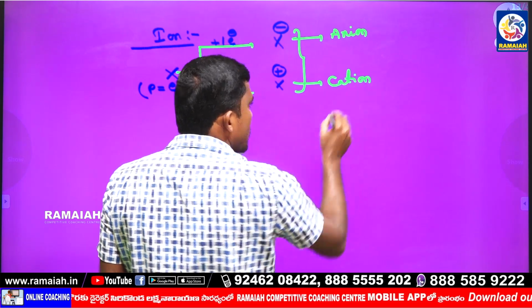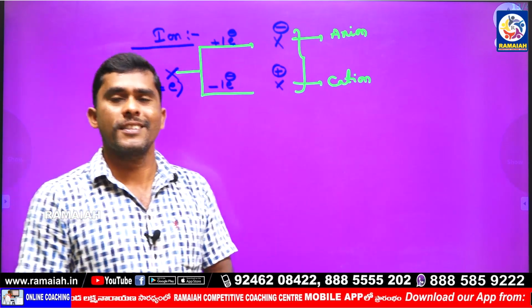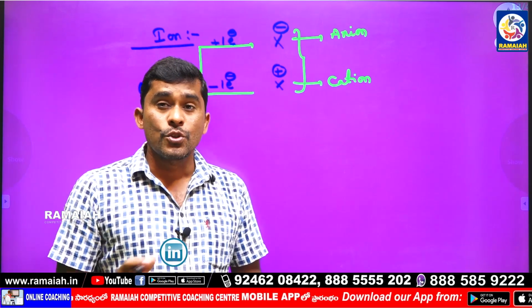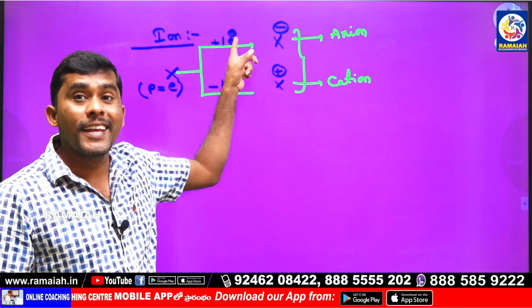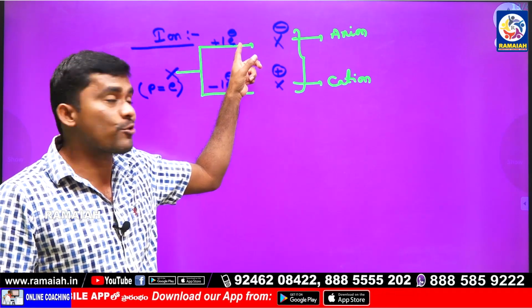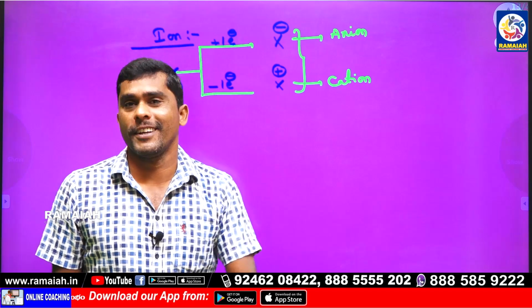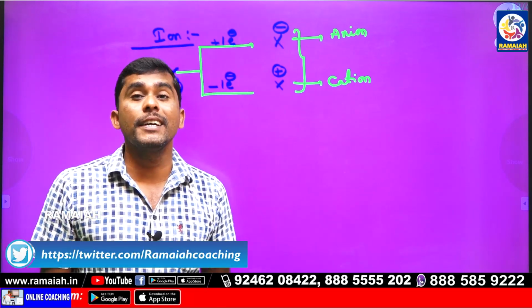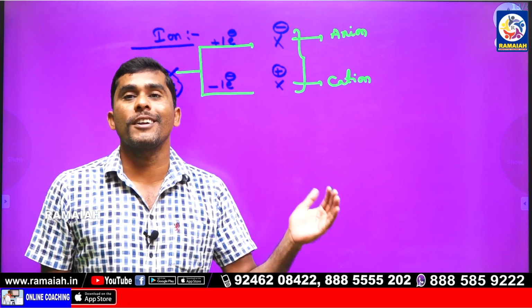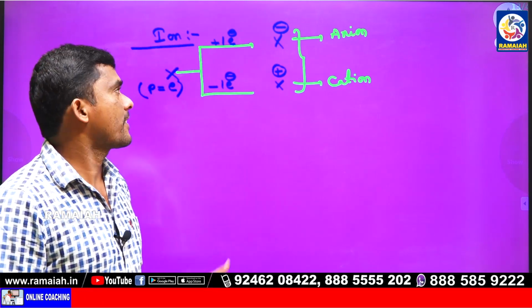So what is the ion? The charged particle is called an ion. An ion is formed by either gaining of electron or losing of electron. When it loses an electron, it gets the positive charge. It is called a cation.